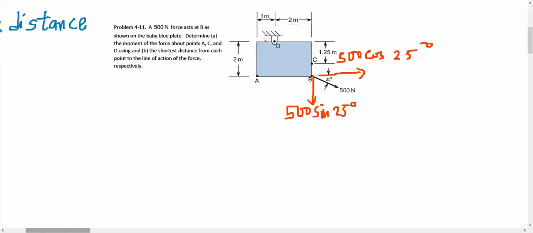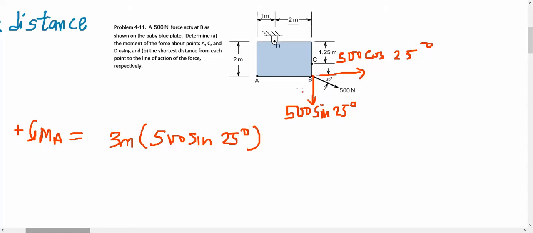So what we can do here to find the moment, these are the two forces. So the moment about A, and we're assuming counterclockwise is positive. So the moment would be, well, the distance from here to here is 3, 2 plus 1. So that's 3 meters times the force, which is 500 sine of 25 degrees. Since this is going in a clockwise direction, this would be negative.